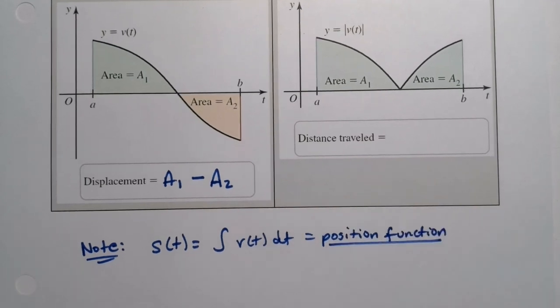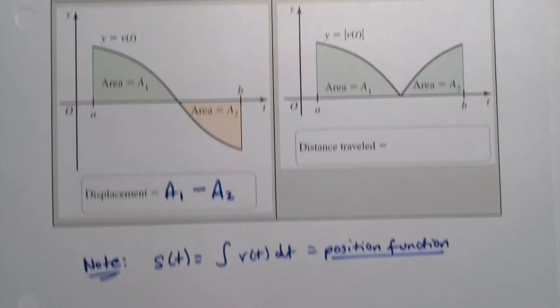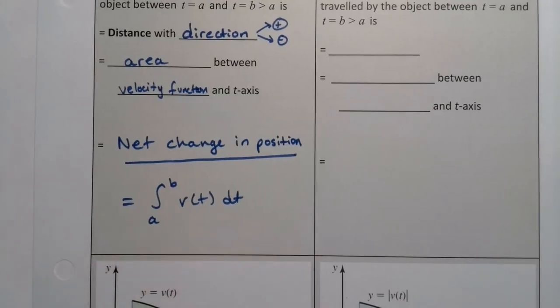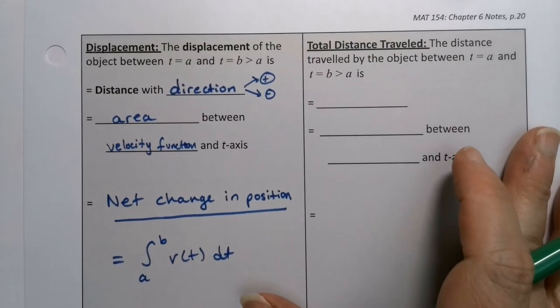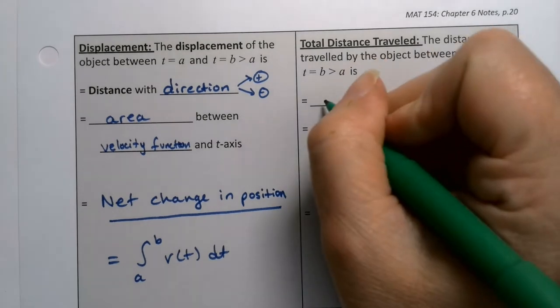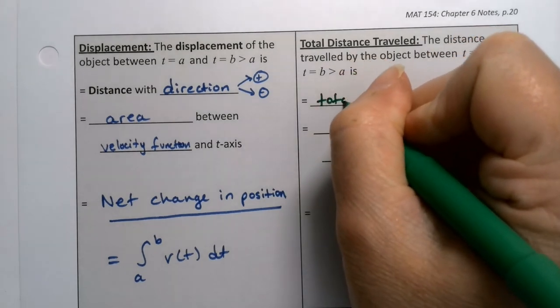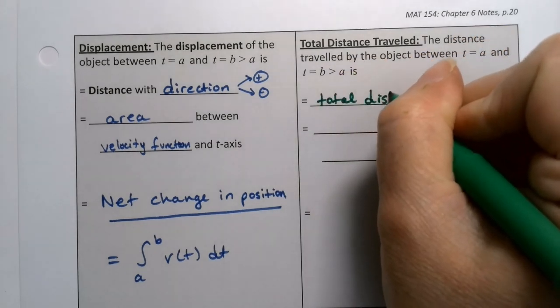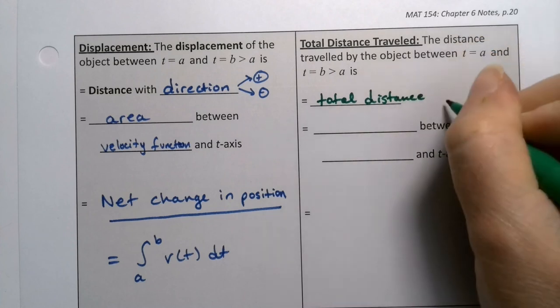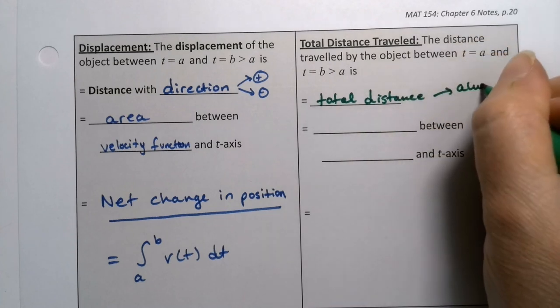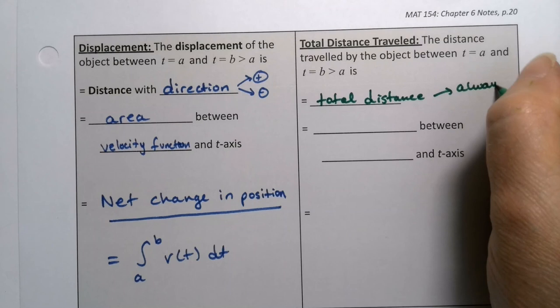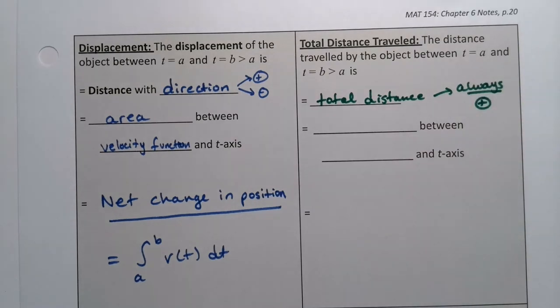Okay, so then what about distance? Right, so we did displacement. Displacement's pretty easy, right? It's just the net change in position, so it's the definite integral, no problem. The total distance traveled, which is distance, is always positive. Cannot be negative.